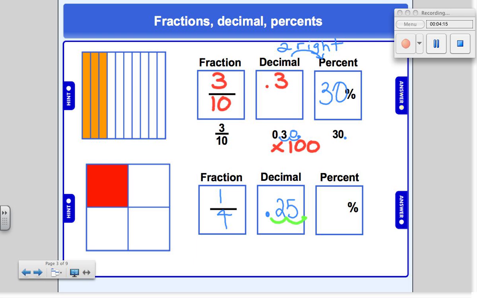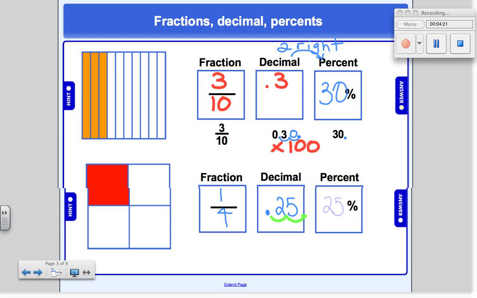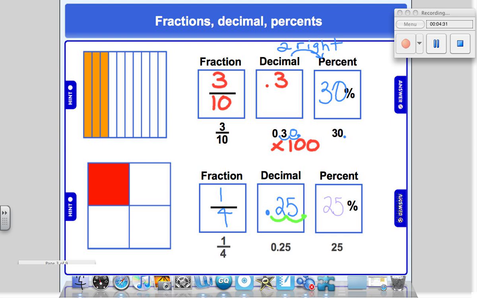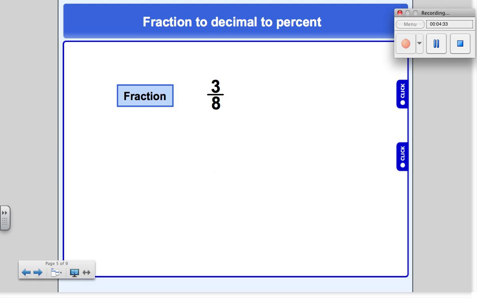So that would be 1, 2. And our percent equivalent would be 25%. Okay, and you can see that right there.